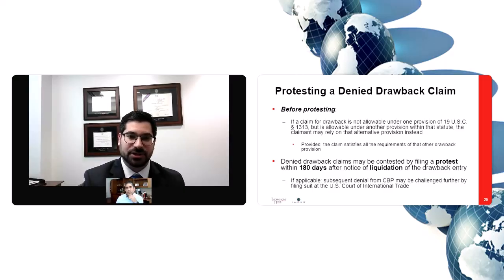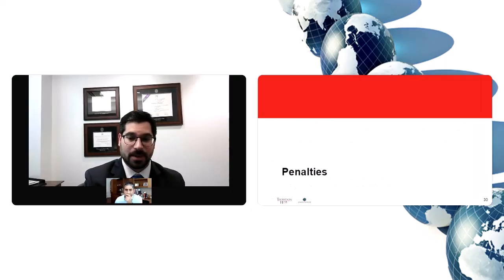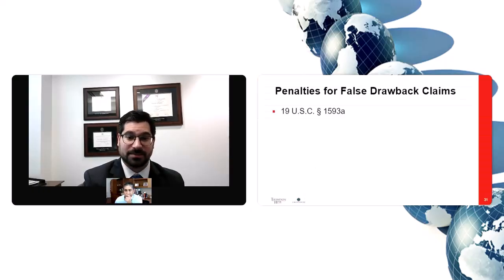Now let's shift gears a little bit and talk about penalties under drawback. Specifically, there is a specific statute for false drawback claims. It is section 1593a within Title 19 of the U.S. Code. And there are maximum civil penalties that apply, but they depend on the level of culpability.